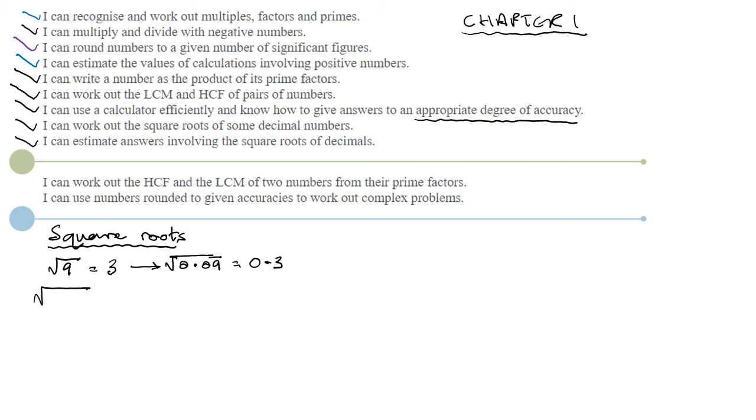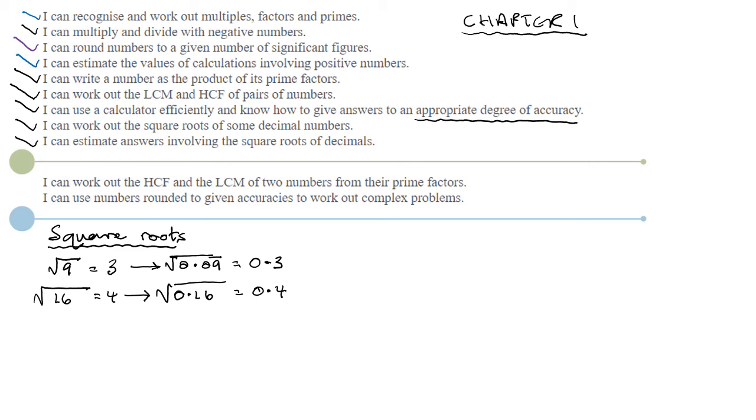If I know the square root of 16, which is 4, then that allows me to work out the square root of 0.16, which would be 0.4.